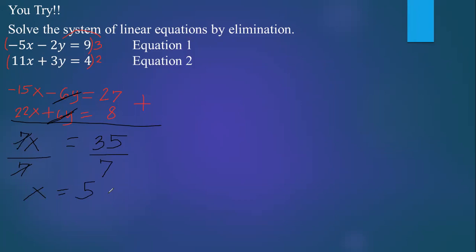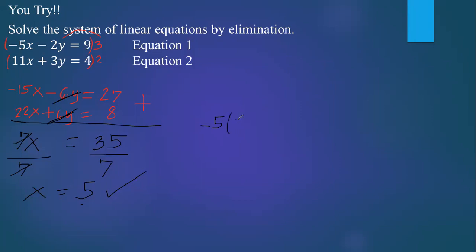Since we now have the value of x, we substitute 5 into equation 1 or 2. For example, we use equation 1, negative 5x. So negative 5 times x, which is 5.